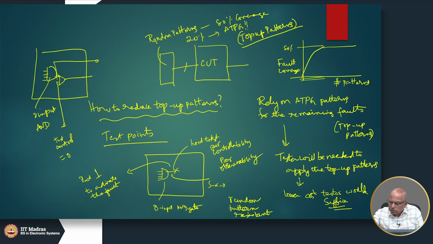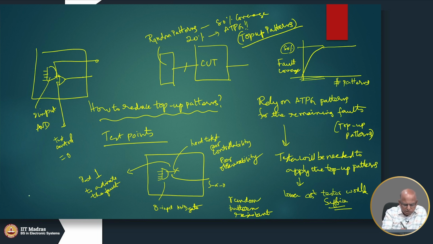So, with test points we can possibly make this 80% to maybe 90%. Then only 10% of the faults will have to be covered using ATPG. Okay. So, today there are many tools which do that.